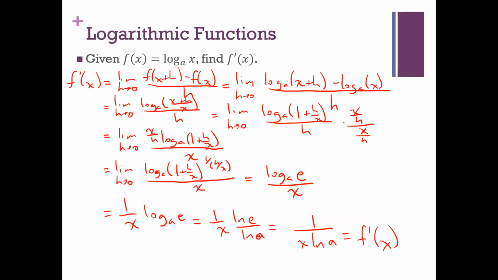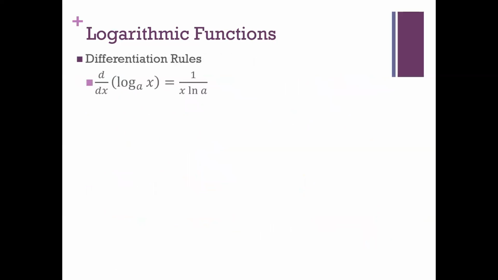All right. So the rule you can use now for the derivative of any log function is 1 over x times natural log of A. So can we apply that specifically to the natural log of x?